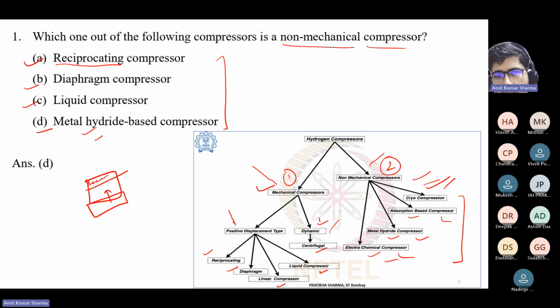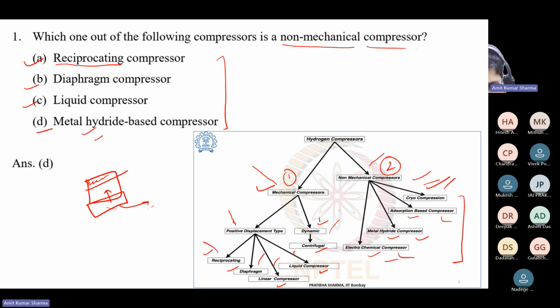So this is the common thing in all these four. The only thing that changes is how the displacement happens. The mechanism of this displacement is different in each one, but finally you are compressing with the help of positive displacement only.